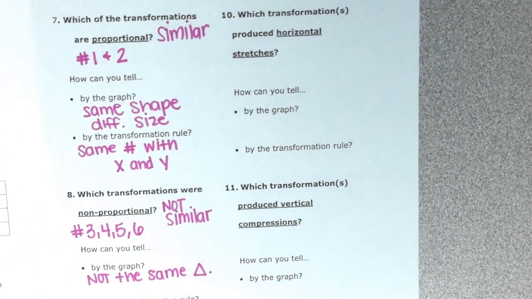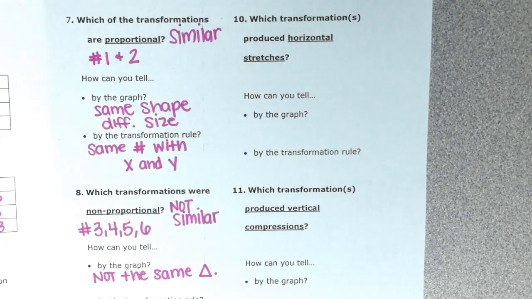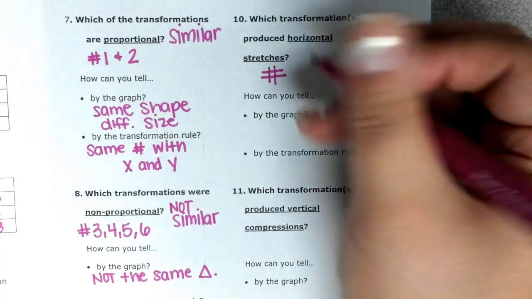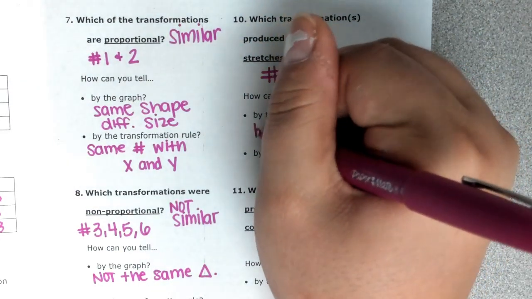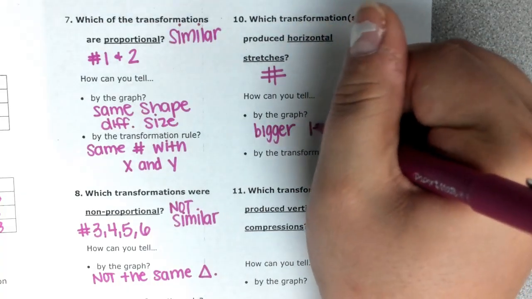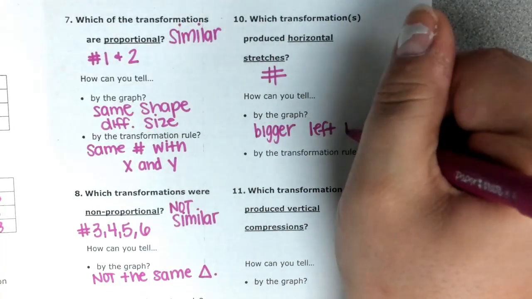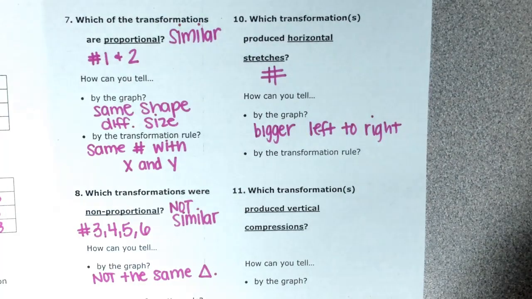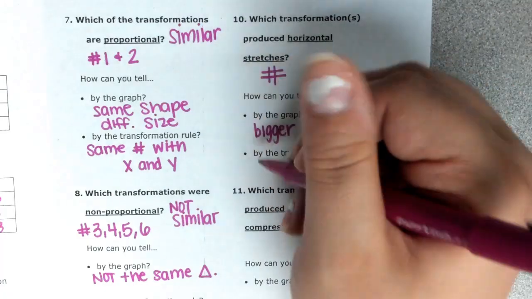Alright. Do you think you could finish these 2 on your own? Which one was the horizontal stretch? Number 4. Horizontal means, stretch means, so it's bigger left to right. And if it's horizontal, what is it going to affect?